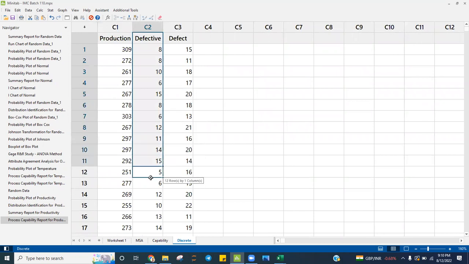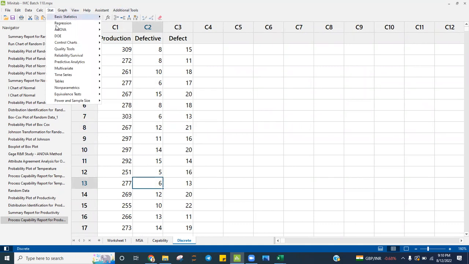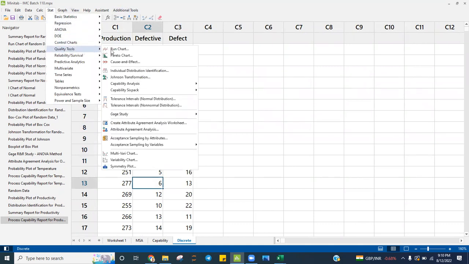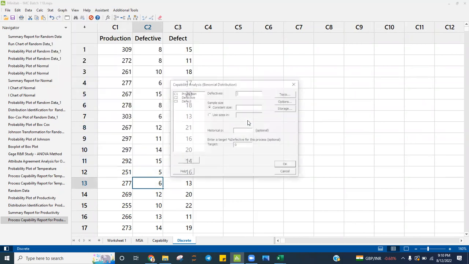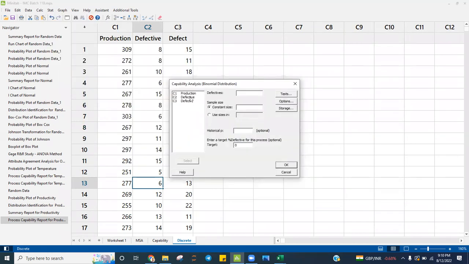For the defective, which capability do we do? Binomial. Go to Stat, Quality Tools, Capability Analysis, and here binomial is the option. Click on this. Defectives are this. Sample size is production. That's all. Click on OK.